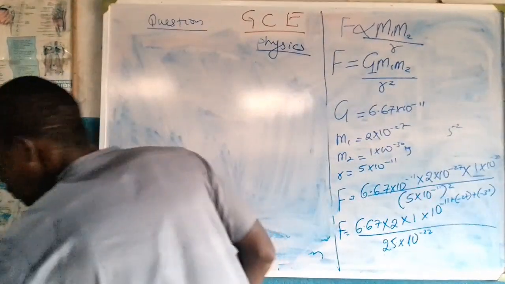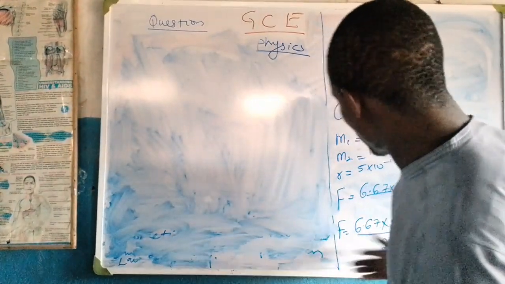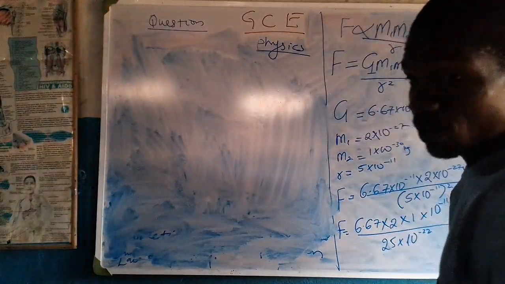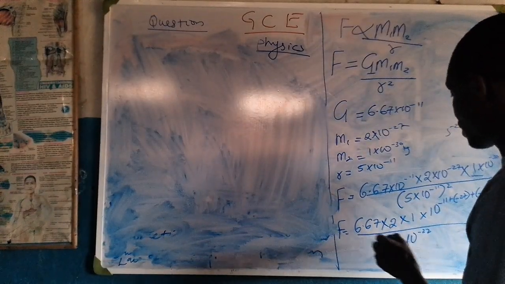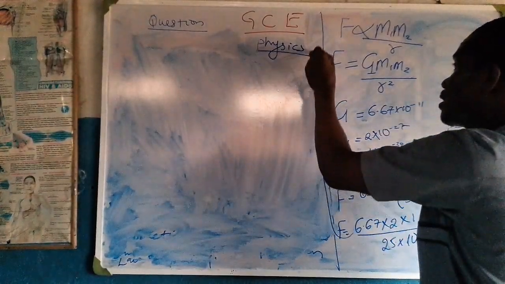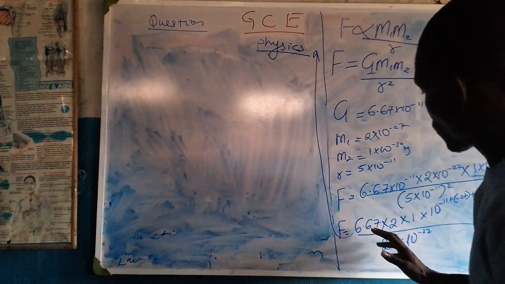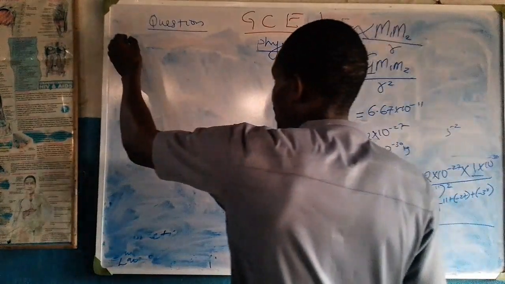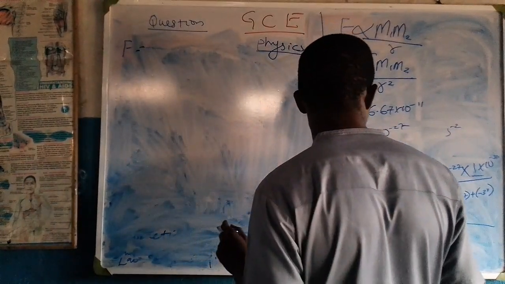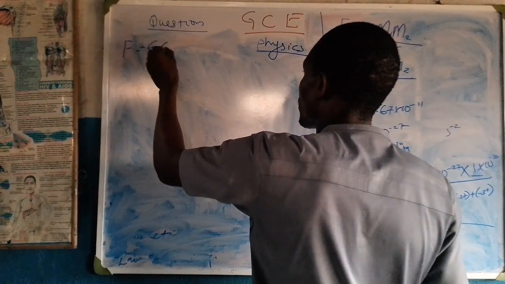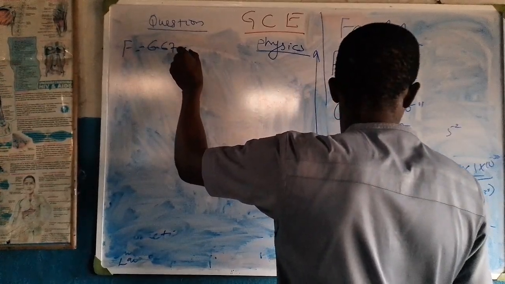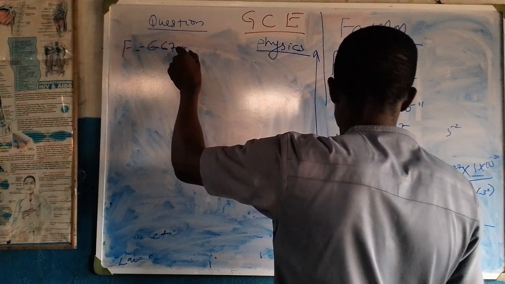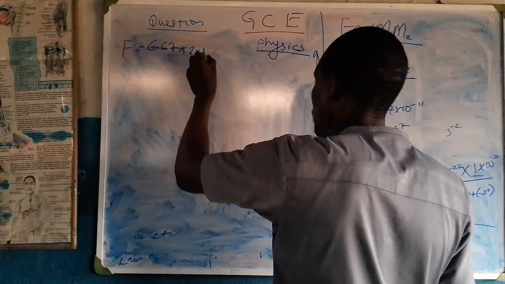Okay, let's continue from where I stopped. From the 7 below, you're going to have F, the force that holds the two bodies together, equals 6.67 times 2 times 1.